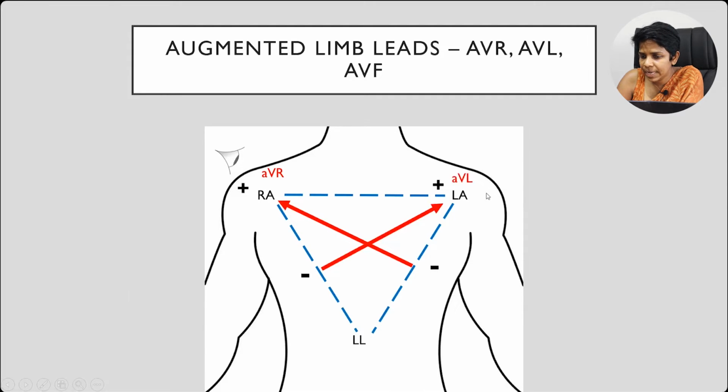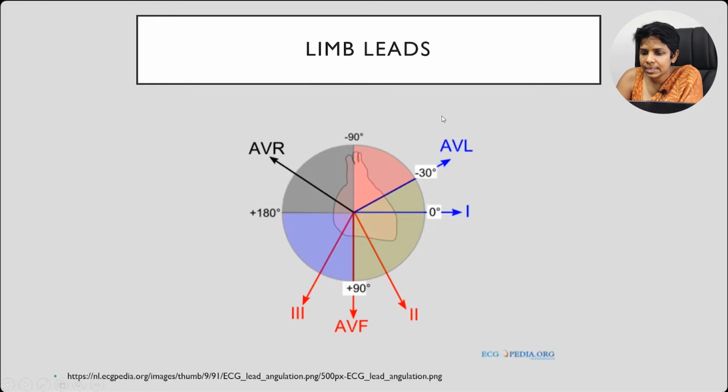Likewise, AVL looks from the left upper side of the heart, and AVF looks from the inferior direction of the heart, or the electrical impulses are recorded from the inferior part of the heart.